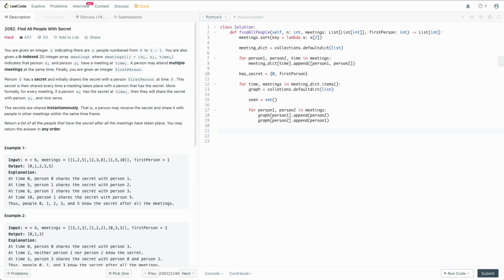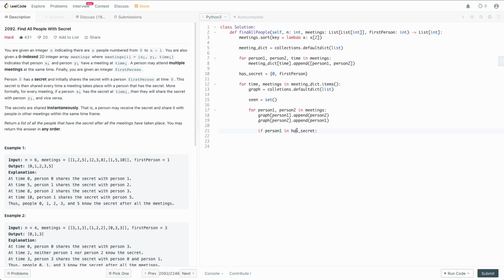And basically, if person 1 is one of the people that has the secret, then we can add it to our seen set. So we can say if person 1 in has secret. So basically, if we already know that this person has the secret, then we don't need to kick off our BFS from them because there's no point, right? So what we want to do, sorry, apologies, I take that back.